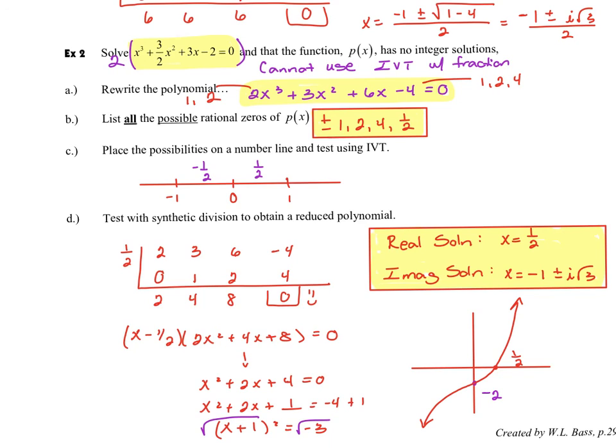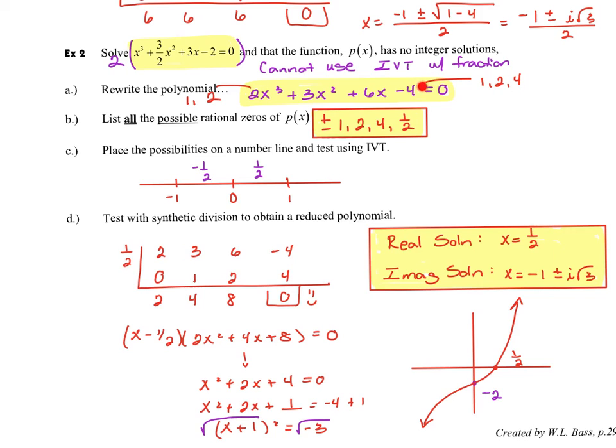They must be whole numbers to use the intermediate value theorem. So since this is an equation set equal to 0, I cleared the fractions by multiplying by 2 and created a new polynomial that has all those integer coefficients so that I could go through and do my rational zero function and the intermediate value theorem.